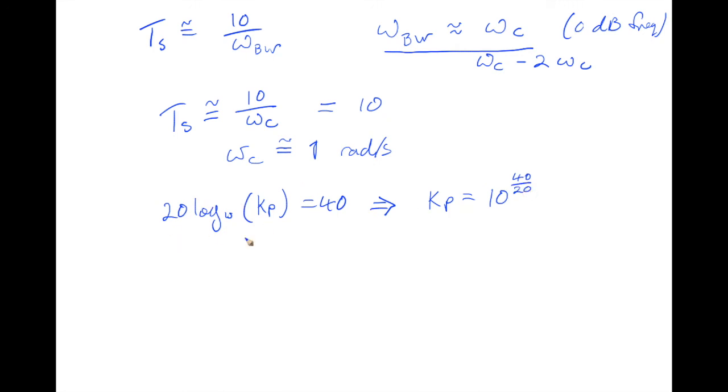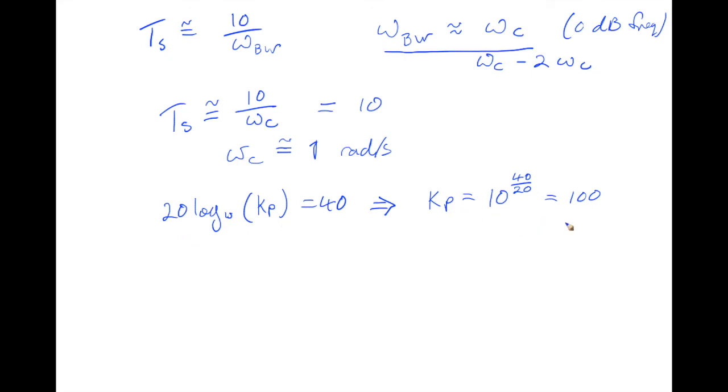That's just reversing this formula, taking Kp out of this formula, which is 10 squared, which is 100. Okay, so we've already done part of our controller. We've figured out a Kp so that we meet our bandwidth specifications.